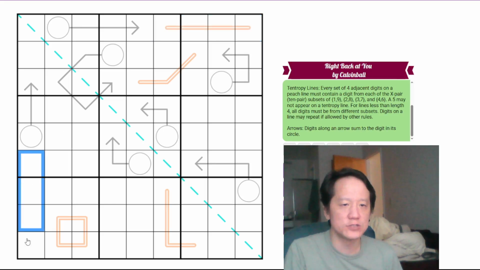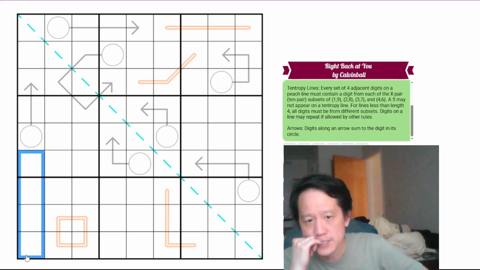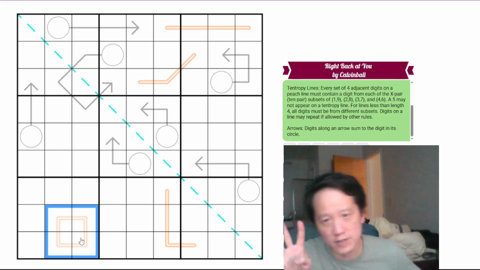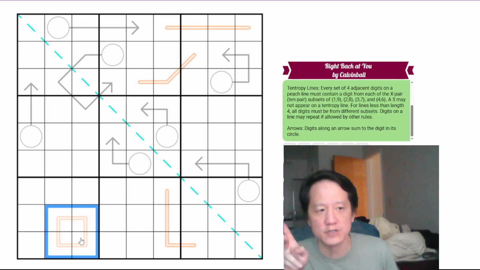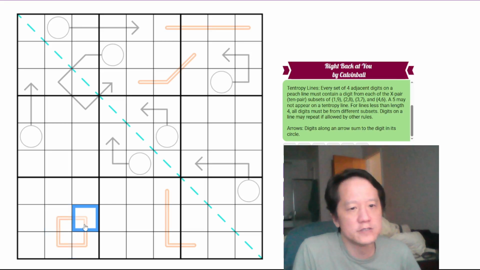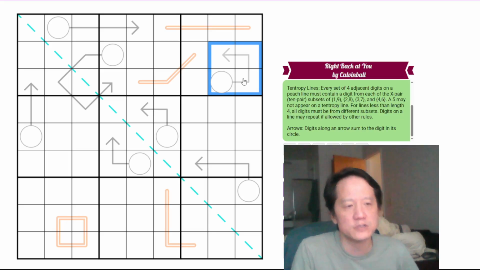Does that tell us anything? I'm not sure. These 4 digits. Interesting, these 4 digits also are a set of 4 tentropy cells, which means those are 2 evens and 2 odds also there. Since this is 2 evens and 2 odds, these correspondingly in the mirror must be 2 evens and 2 odds.